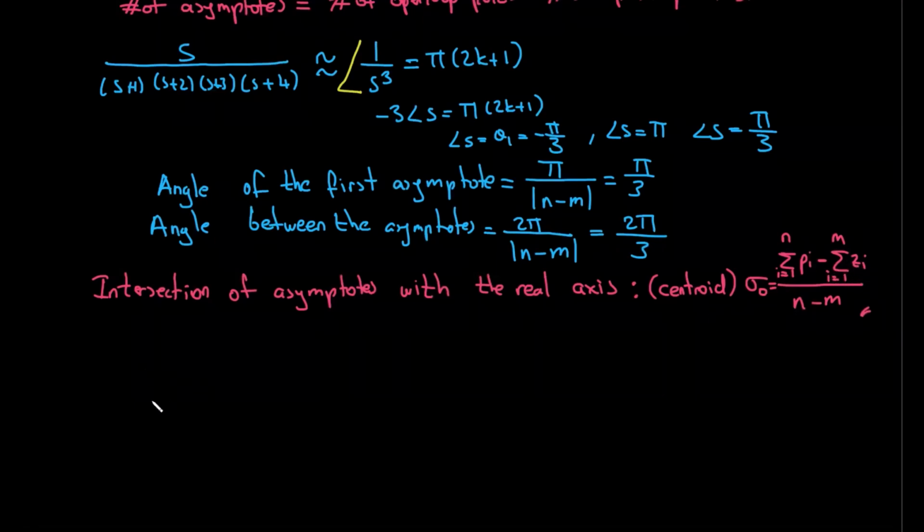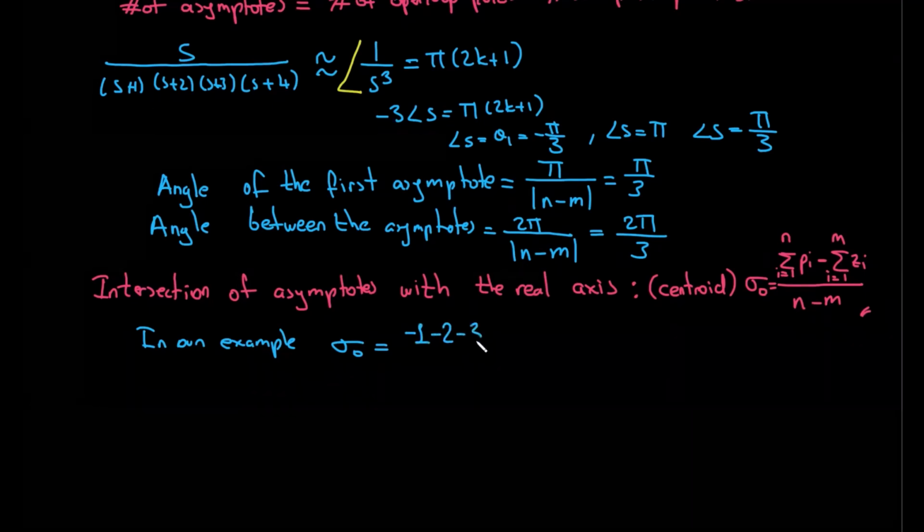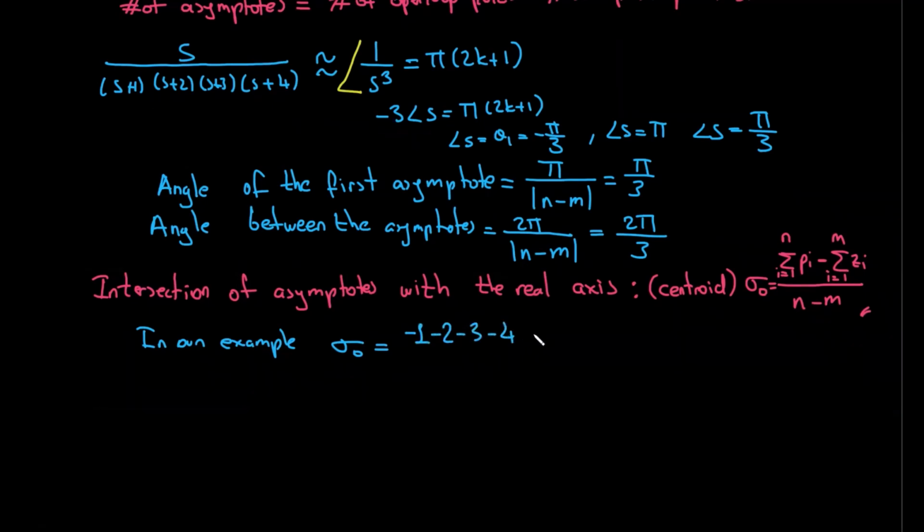And let's try to compute that for our example. So in our example, sigma 0 is equal to, I will get the summation of poles over here. So my poles are at -1, -2, -3, and -4. Okay, so it will be equal to -1 plus -2 plus -3 plus -4. And I will subtract the summation of zeros.